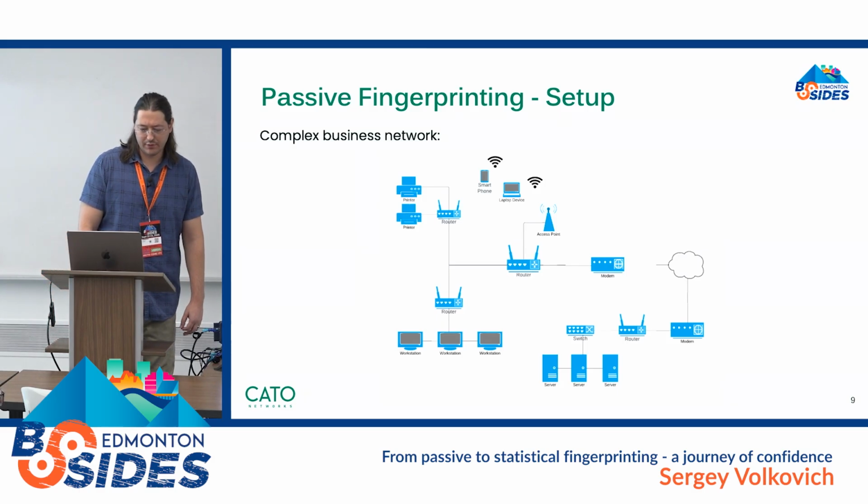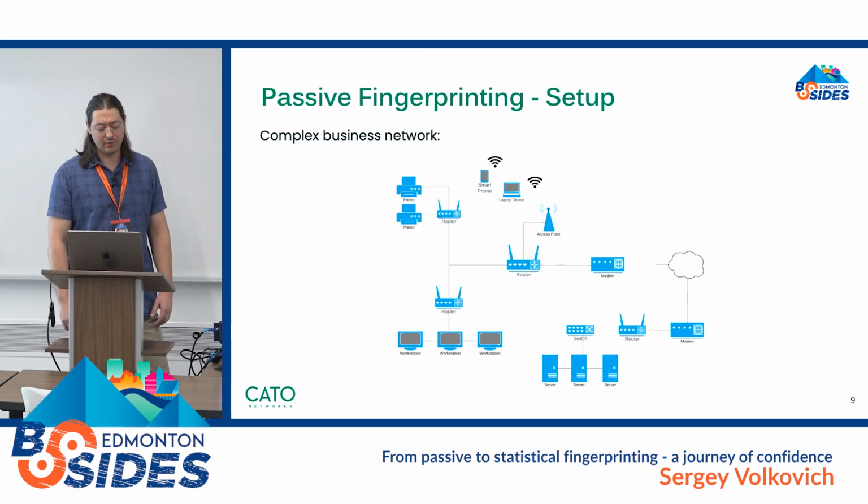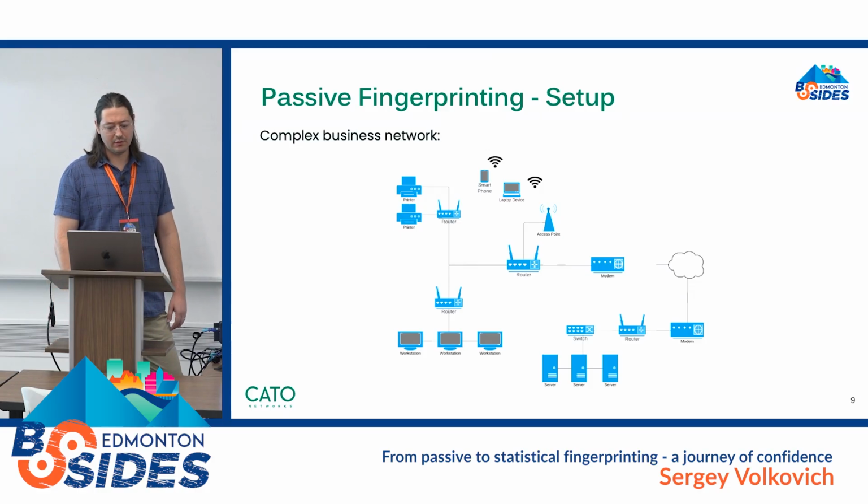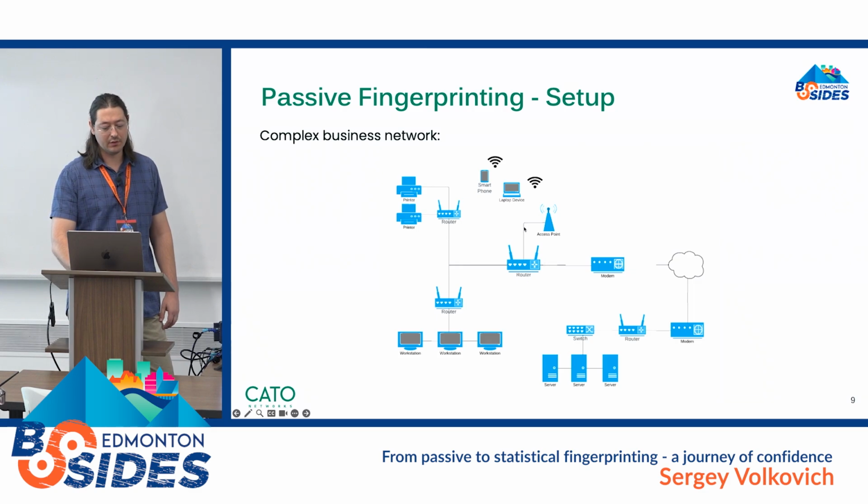In Cato, we have about 3,000 customers. They have sites all around the world, connected by the WAN, and each LAN can be divided into subnets. For example, like a Wi-Fi guest subnet, or printers or workstations. So sitting on the router will not give us full visibility.